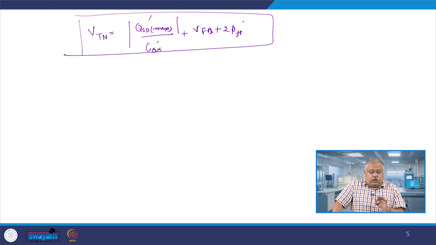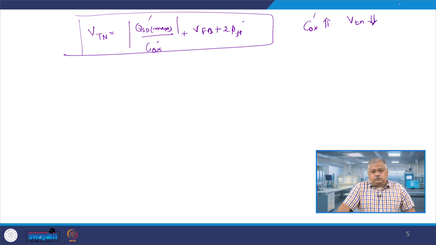You can see very easily that if you increase the value of COX, your VTN goes down. That means if COX prime keeps increasing, your VTN starts to go down. Now, how can you make COX go high, and why is it physically true?